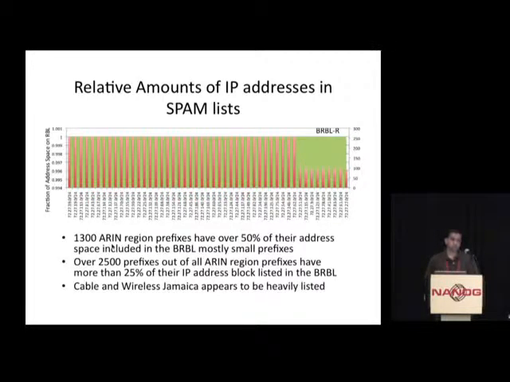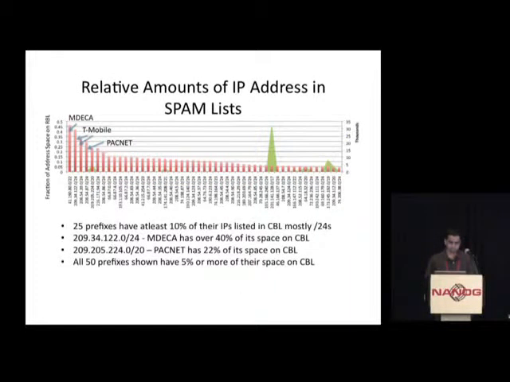And most of these prefixes are going to be /24s, /23s, and so on. This chart is comparing the relative amounts of IP addresses on the spam list as well. And once again, you can see it's a very clear tendency towards the smaller prefixes.